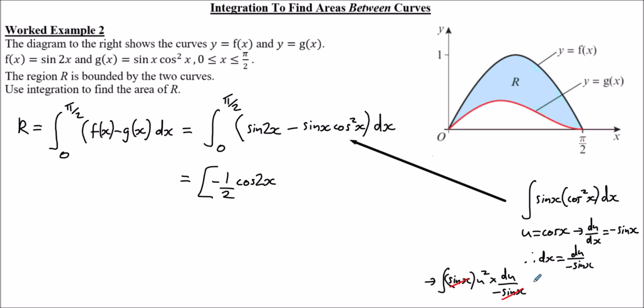So then we're just going to have the negative, because of that minus sign, of the integral of u squared du. And so when we take the integral of negative u squared du, that's going to give negative 1/3 u cubed. Then, of course, if needed, it would be plus c.